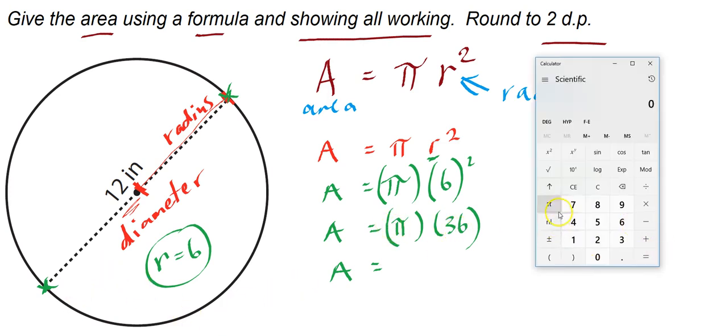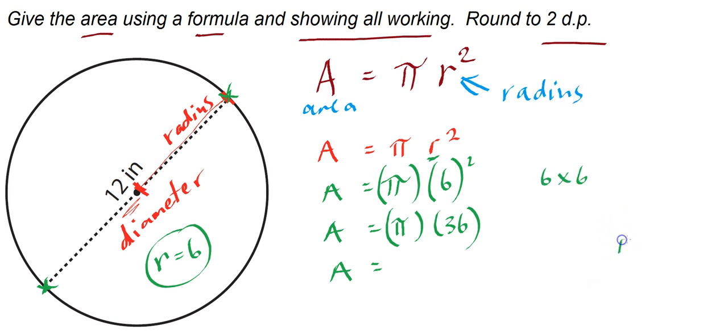So let's do that. Pi times 36 equals 113.097. So let's write that down. 113.097. We have to round to 2 decimal places. So I'm going to focus on the digit that's in the second decimal place.